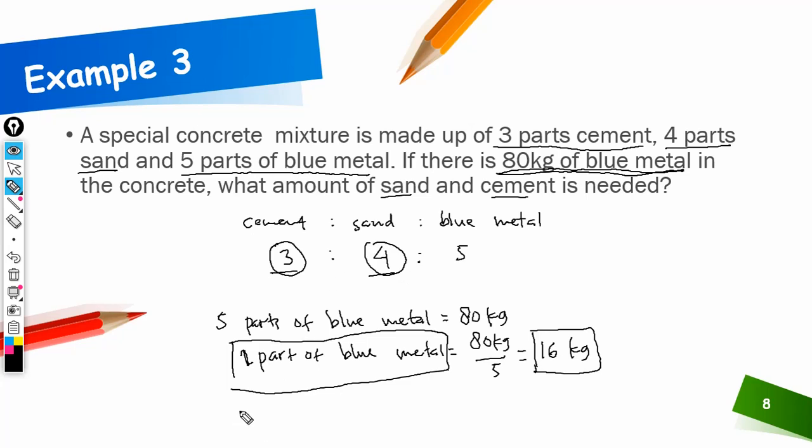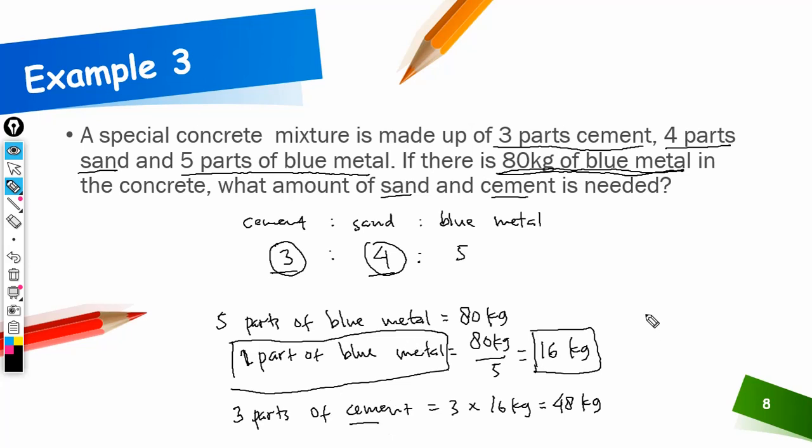So 3 parts of cement equals 3 times 16 kilogram. Okay, 3 times 16 is 48 kilograms. So 48 kilogram of cement.